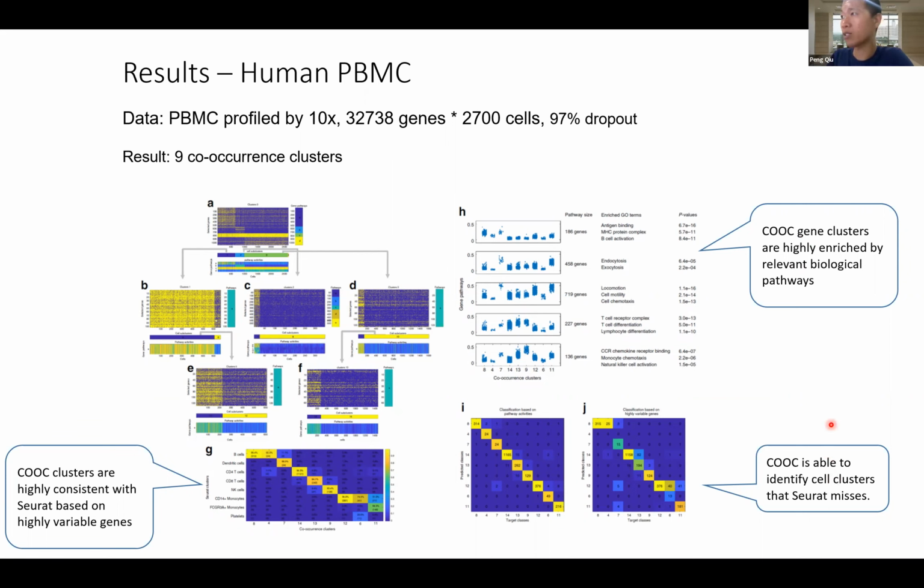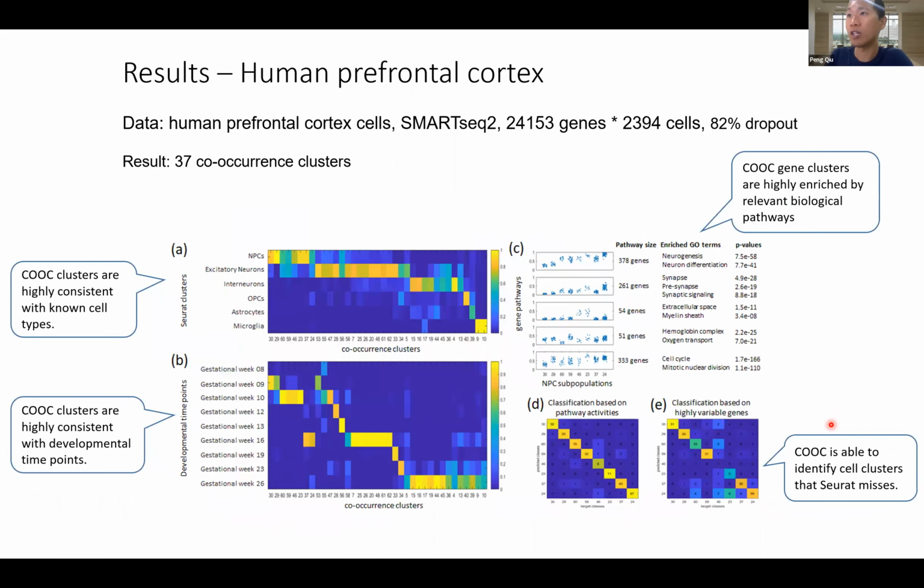So overall, the message I want to deliver with this analysis in this paper was that the sparsity pattern, the zero non-zero pattern that everybody views as a problem, actually can be a useful signal for defining cell types.